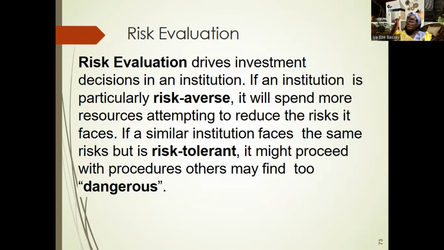So it spends a lot of money trying to reduce risk, while another institution who faces the same risk but is risk tolerant will just proceed to do the procedures. I want to do this because maybe it's going to bring me money or it's going to bring fame and all that, and you don't care the kind of risk that you are exposing others to. All right?